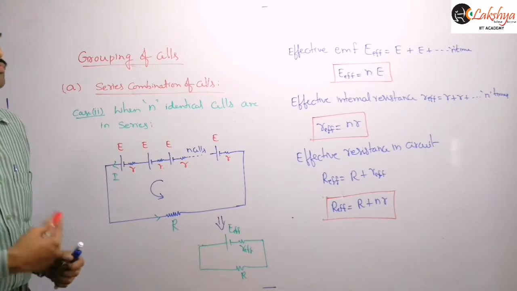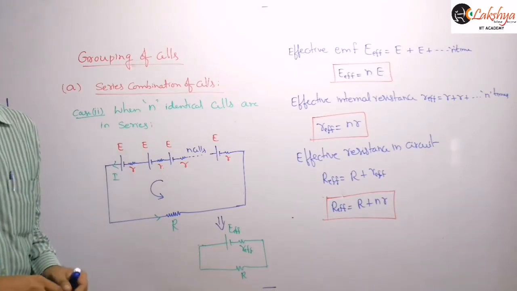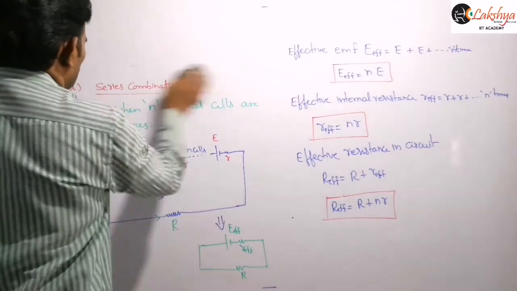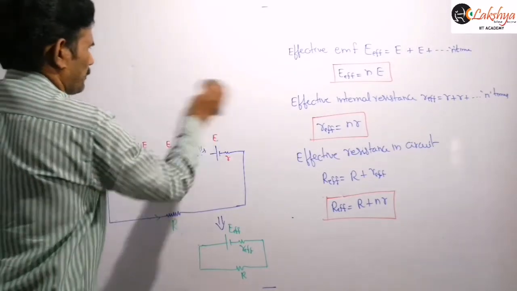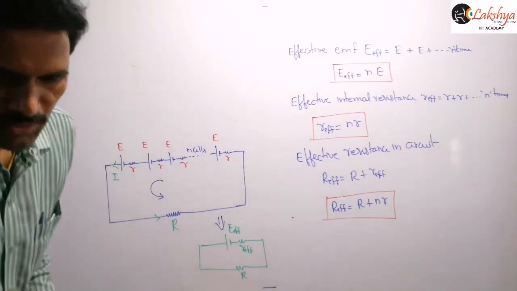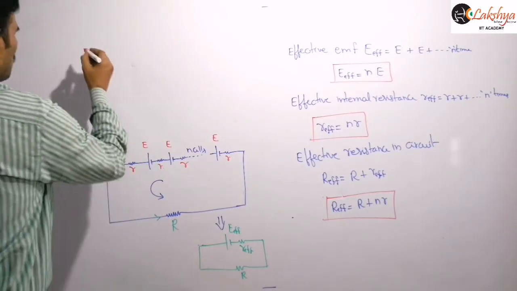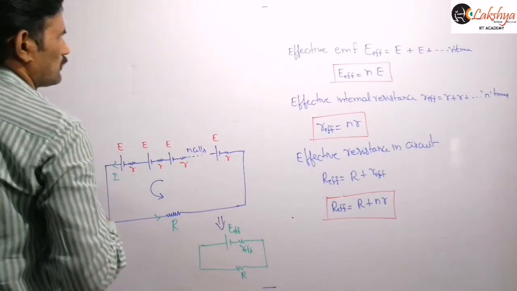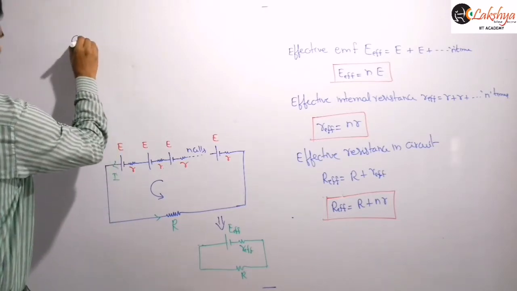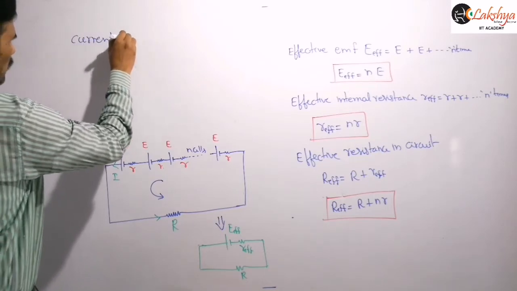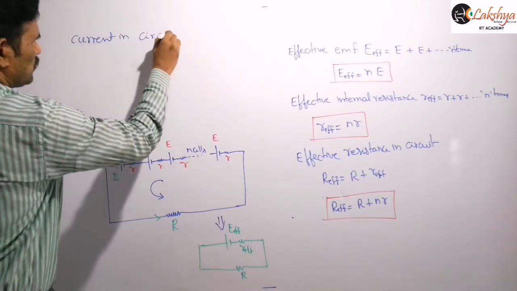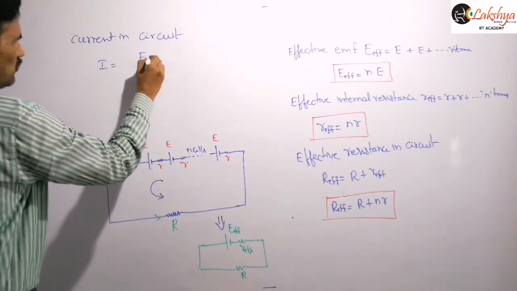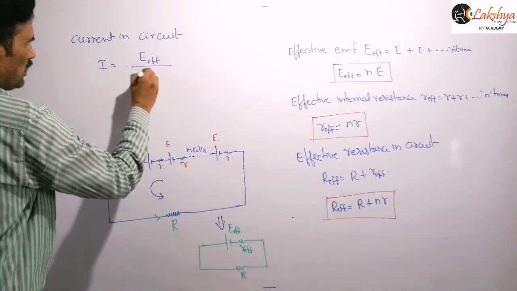And next from this what we need to write is the current in the circuit. So let us write the total current in the circuit. This I is equal to, simply, E effective by R effective.